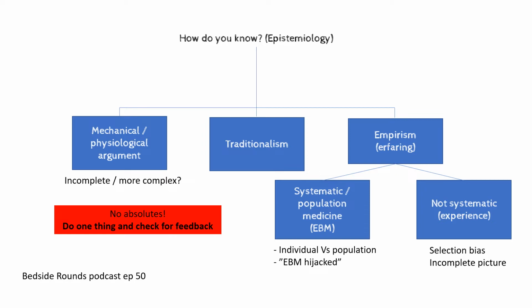We have a flawed system because of the dysregulation. So evidence-based medicine has been hijacked, and because of, among other things, publication bias and publish-or-perish culture, we cannot really rely on a lot of those things that we see in evidence-based medicine.